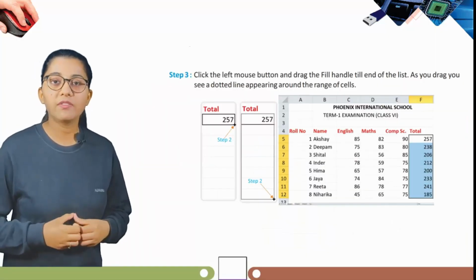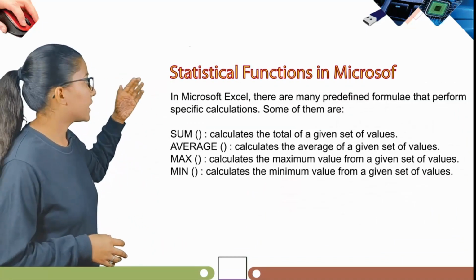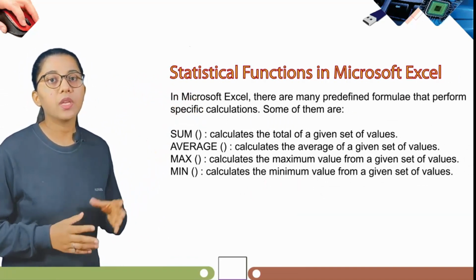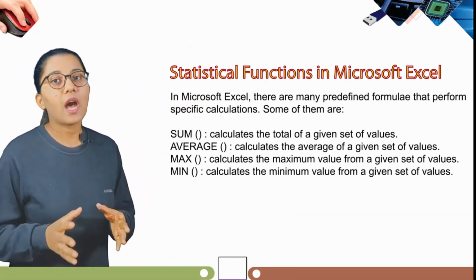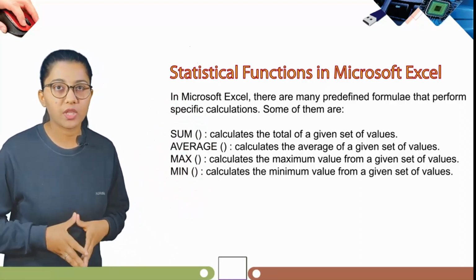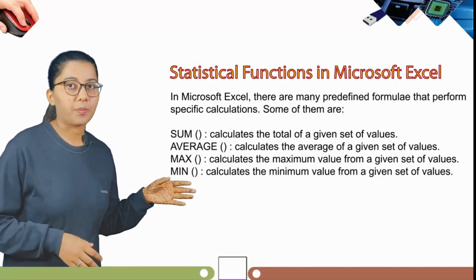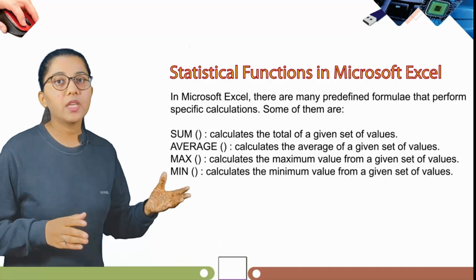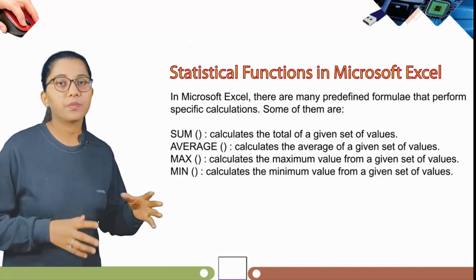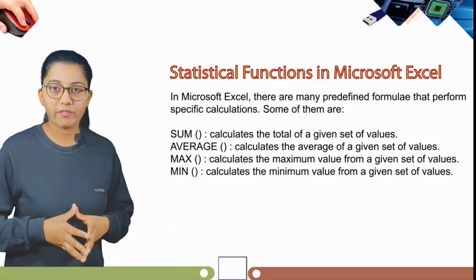Now students, after copying a formula, let's start our new topic, that is statistical functions in Microsoft Excel. In Microsoft Excel, there are many predefined formulas that perform specific calculations. Some of them are, first we have sum, that calculates the total of a given set of values.